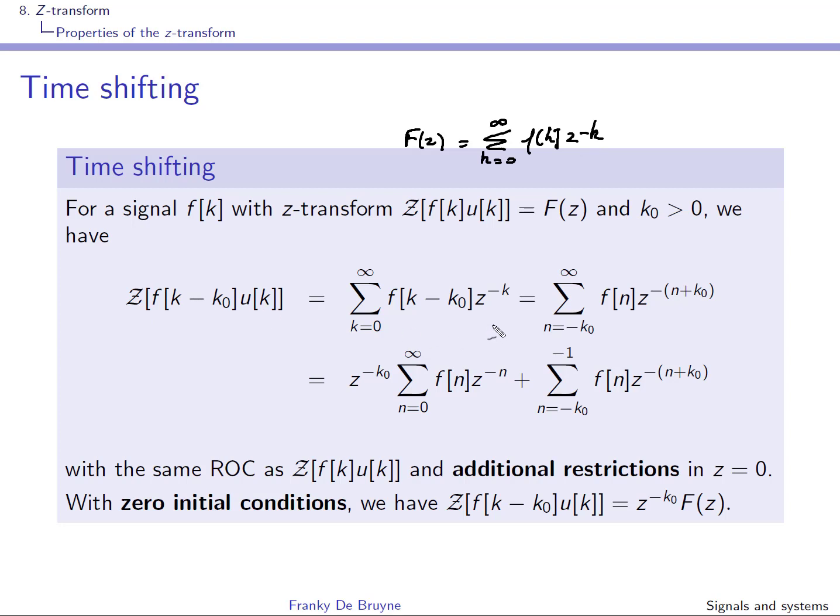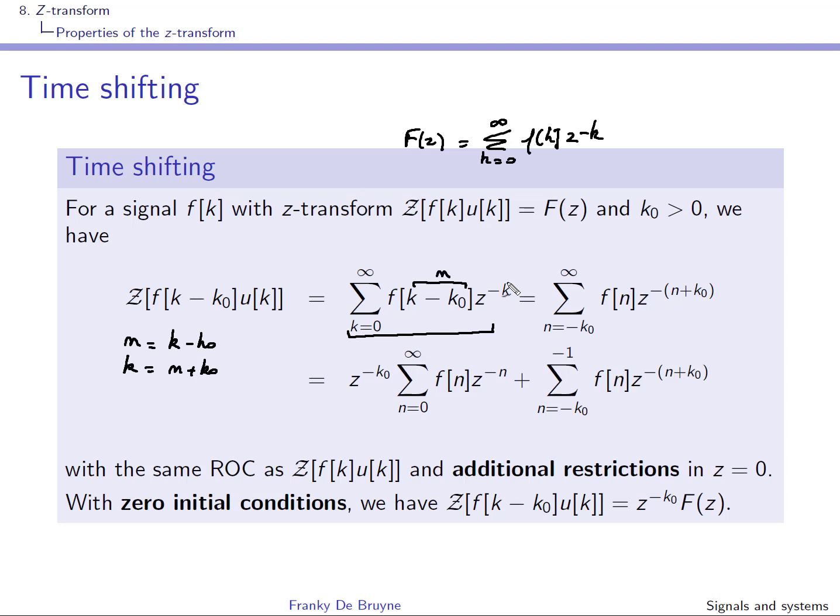So by definition of the Z transform, this is what you obtain. We can now do a change of variable. n is equal to k minus k0. So this is going to give here an n. Obviously k is going to be n plus k0.